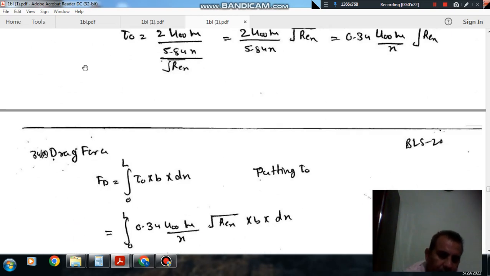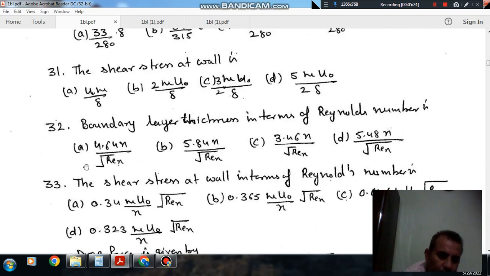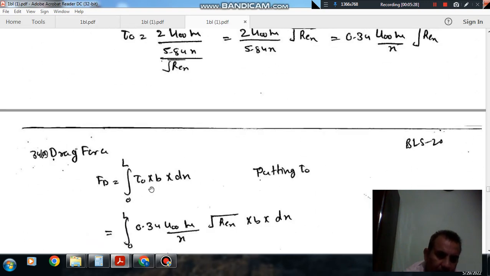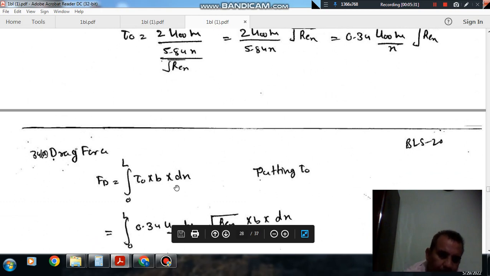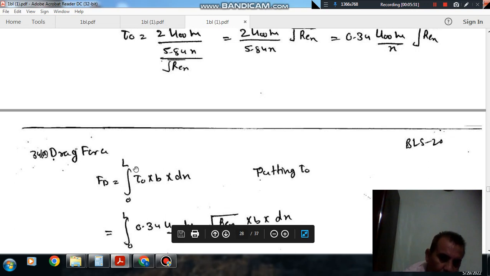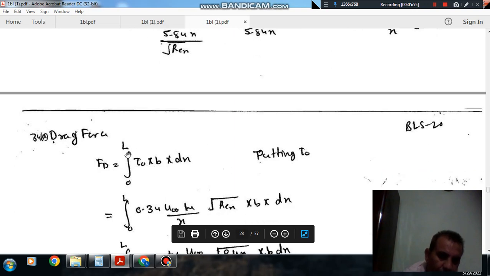Okay, and next is your drag force. So drag force can be found by taking a small strip and multiplying it by tau naught, because tau naught is the stress at y equal to 0, or on the plate. So if we take a strip of thickness dx on the plate and multiply it by b, that will be the shear area, and if it is integrated up to the whole length, then it will be drag force.